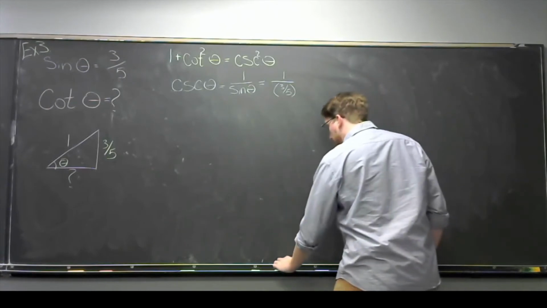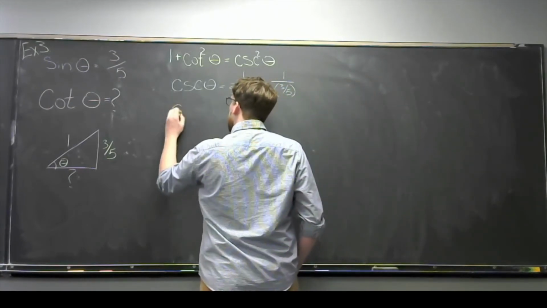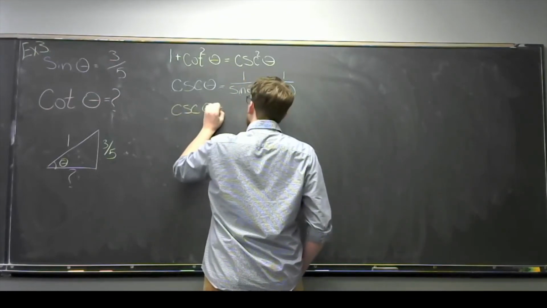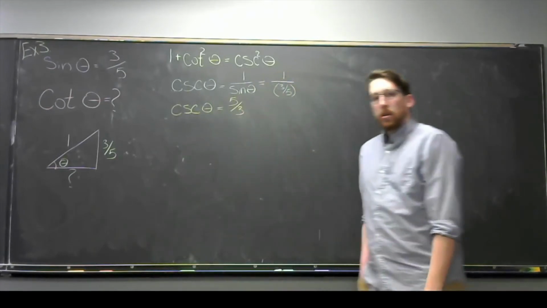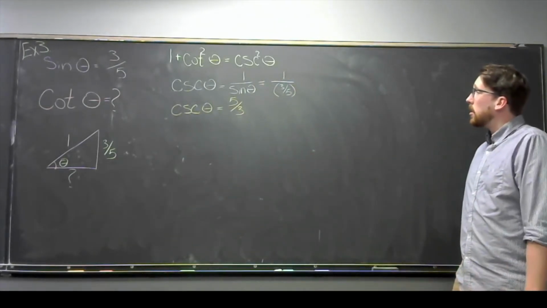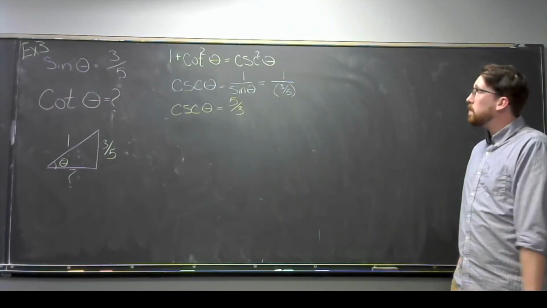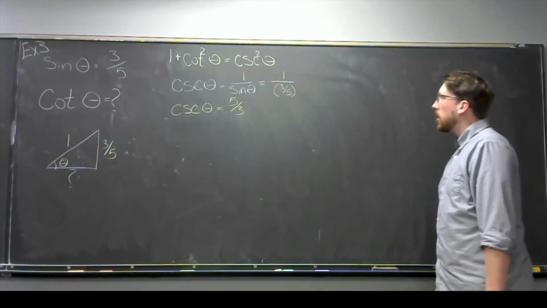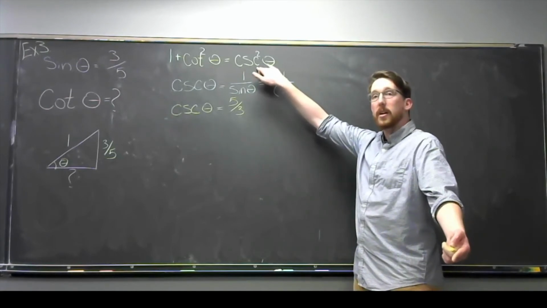So altogether, this tells me that cosecant of theta is equal to 5 over 3. So now I can throw that into our first equation, right? Now I can throw that into our identity up top. Remember, this comes from the Pythagorean identities.